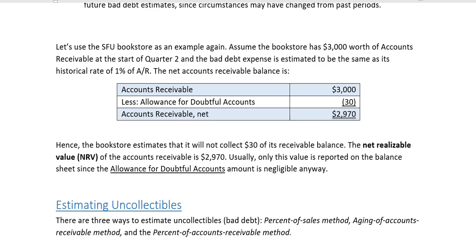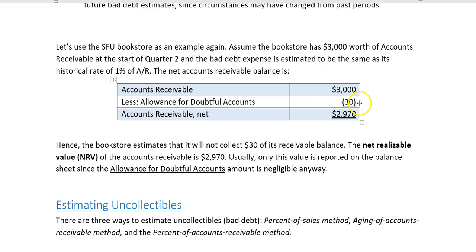The net accounts receivable balance is, so we have 3,000, which is the gross amount of money that's owed to us, and then we have an estimate that goes into AFDA of 30, and therefore our accounts receivable net value is 2,970. So note that this amount up here, the 3,000, is a debit balance.